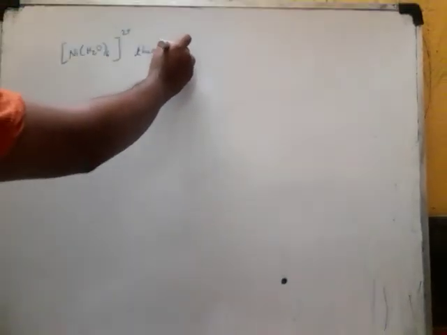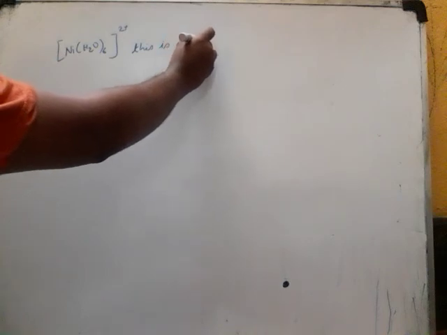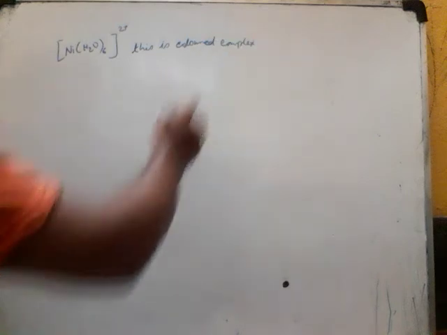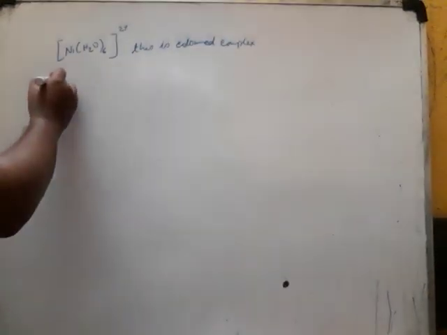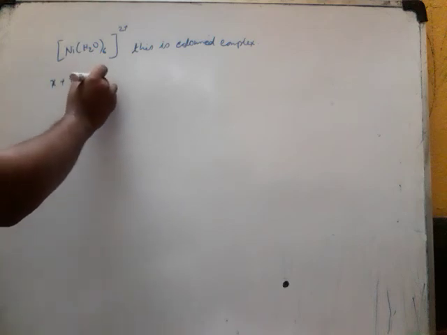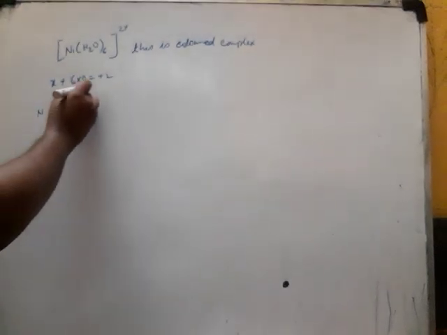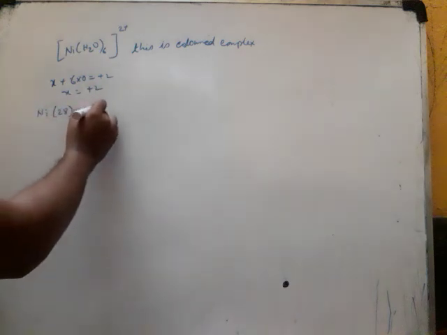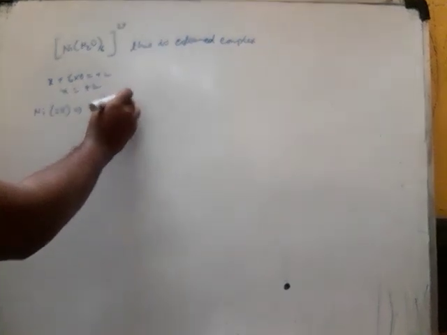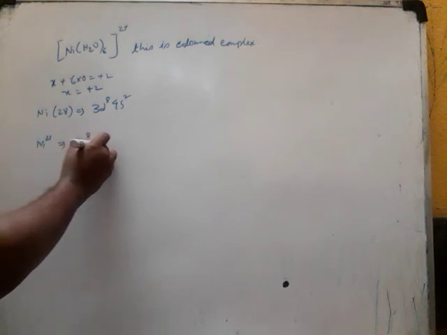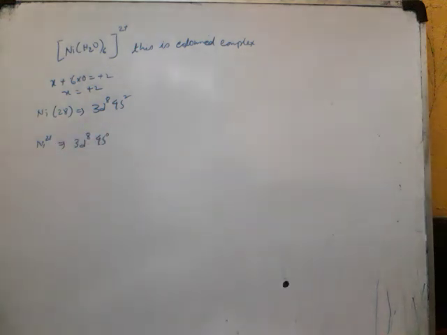This is a colored complex. Why is this a colored complex? Because the oxidation state of nickel is +2. Electronic configuration of nickel is 3d8 4s2. So electronic configuration of Ni2+ is 3d8 4s0.